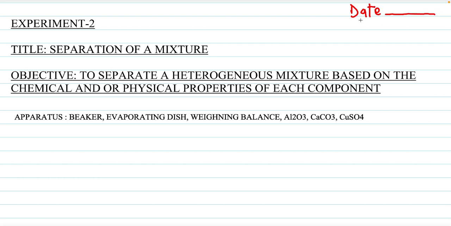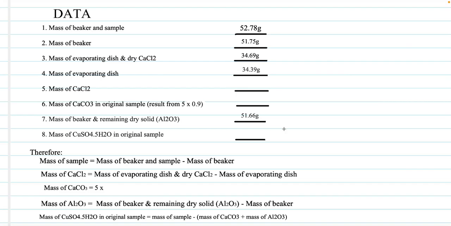Now, this should be on your data sheet. Let's look at the data sheet. If you noticed, these are the values I got from people that conducted the experiment. The sample, of course, is the mixture we're talking about.